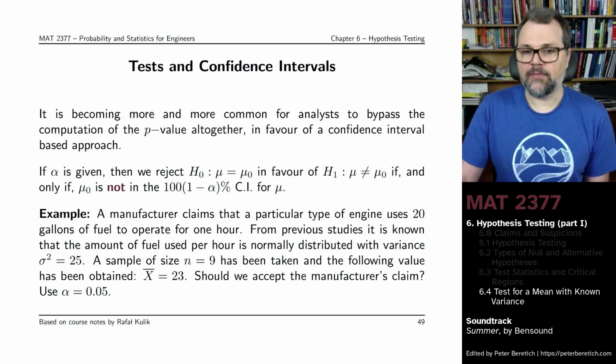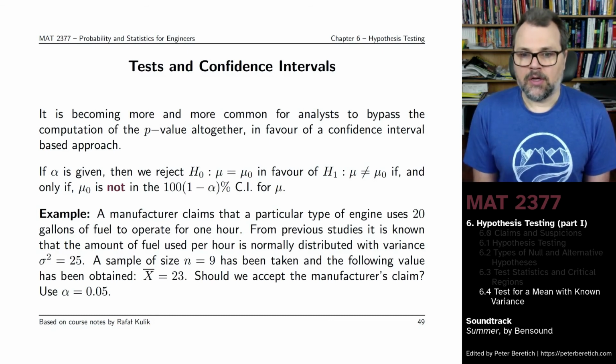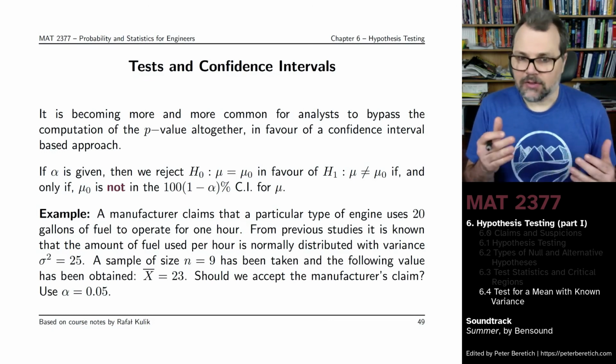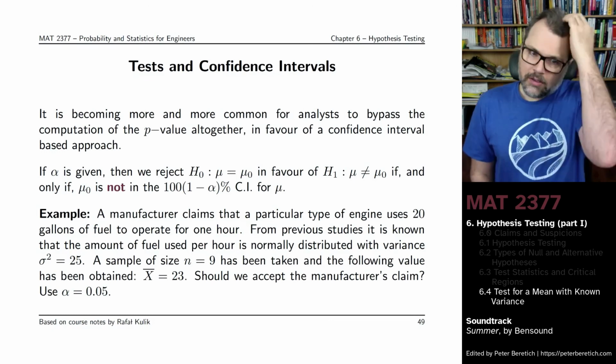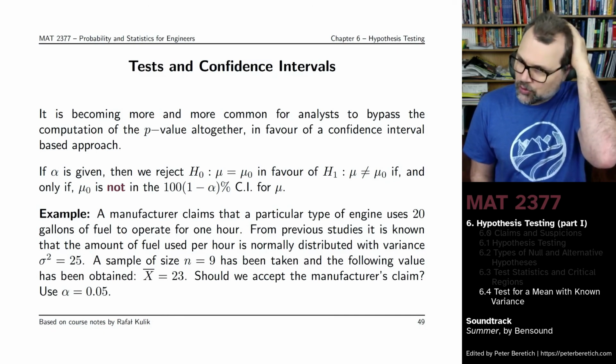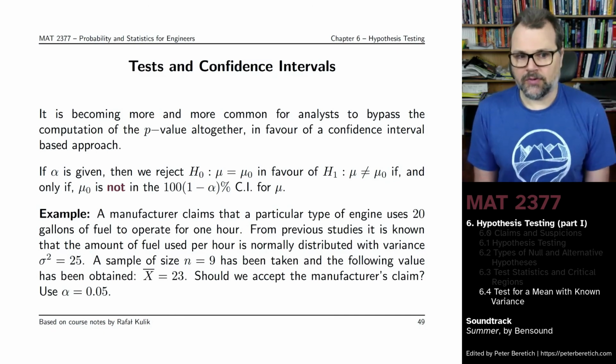So here's the claim in an example. A particular type of engine uses 20 gallons of fuel to operate for 1 hour. That's the claim. Not every engine will use 20 gallons of fuel to operate for 1 hour. There'll be some variation. From previous studies, in general, the amount of fuel used per hour is normally distributed with a variance of 25.